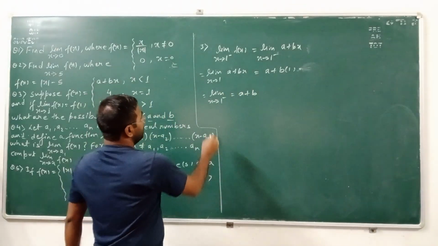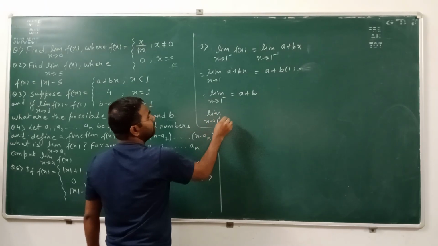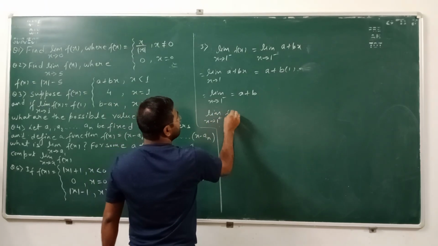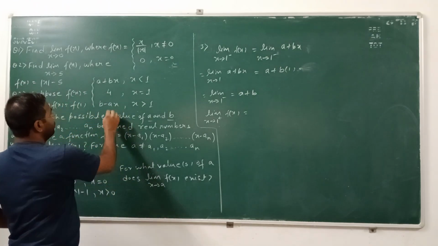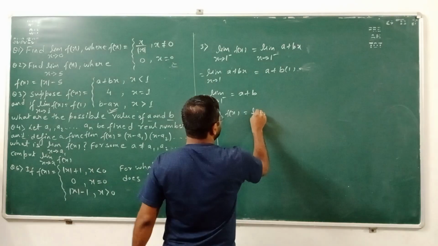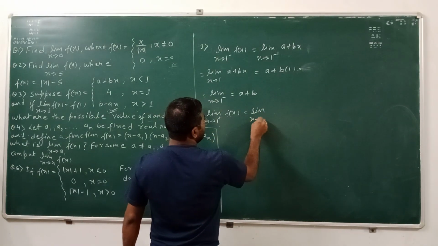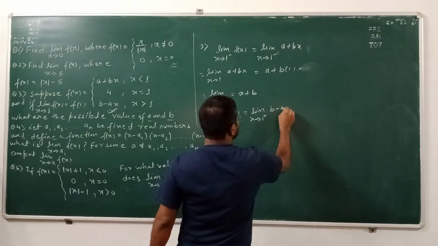Okay. Now we have to find the limit as x tends to 1 positive of f(x). Here you will write limit x tends to 1 positive of b minus ax.